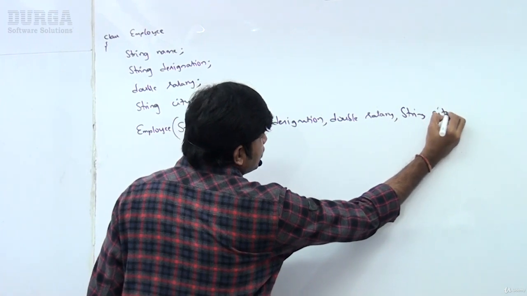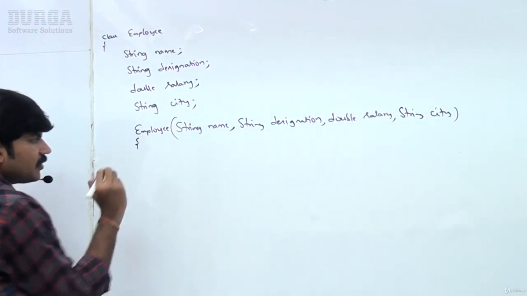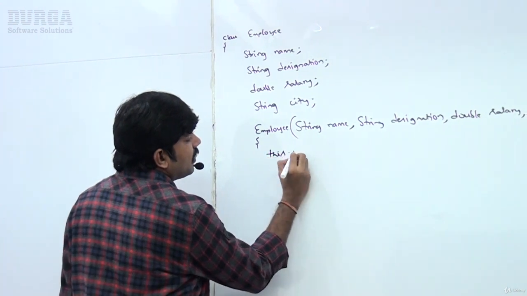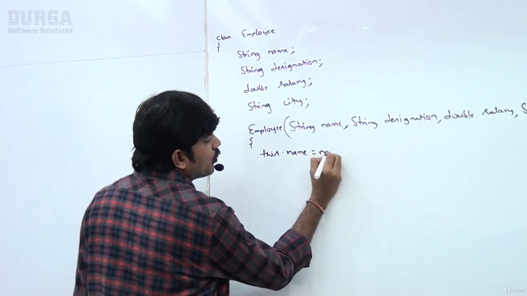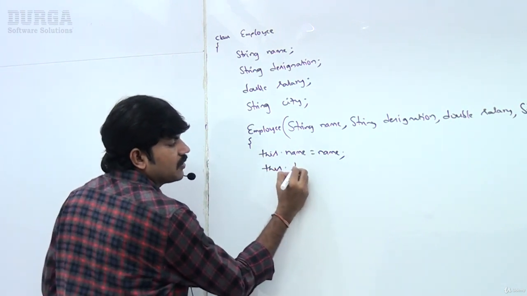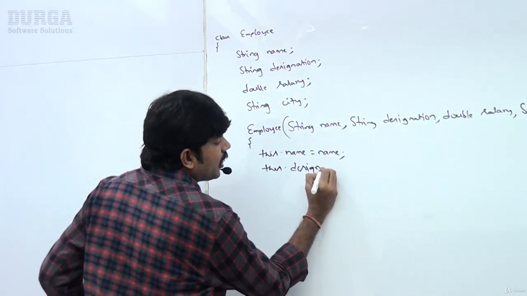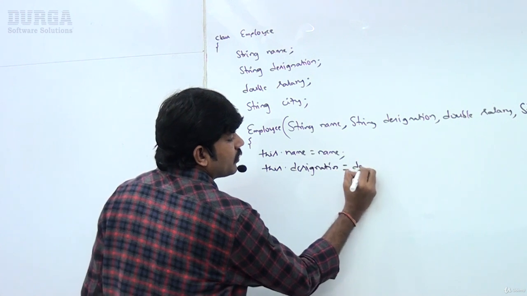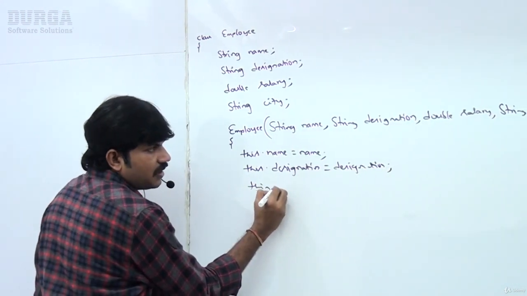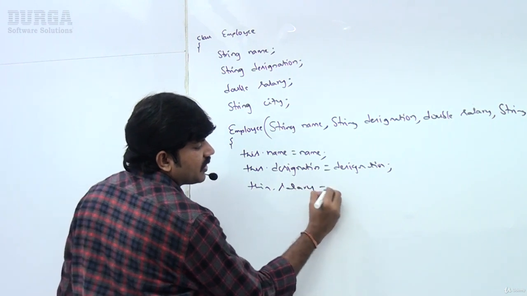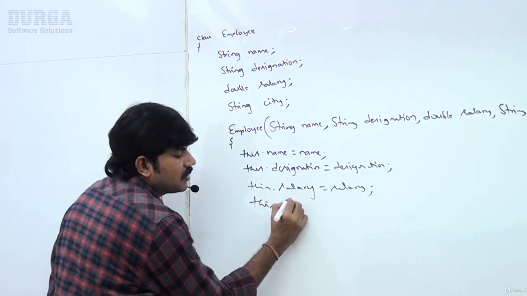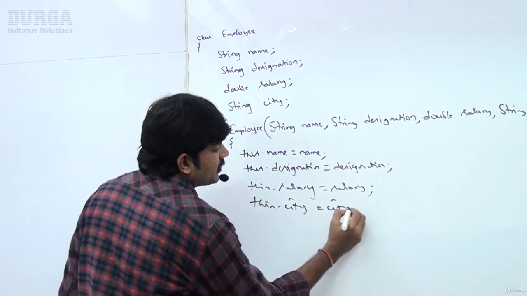Just perform initialization, nothing more. Here this.name is equal to name, this.designation is equal to designation, this.salary is equal to salary, and this.city is equal to city.